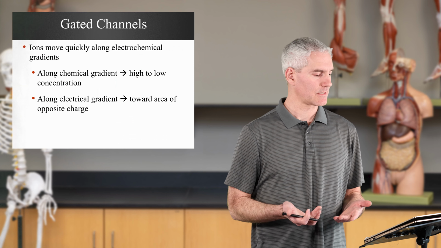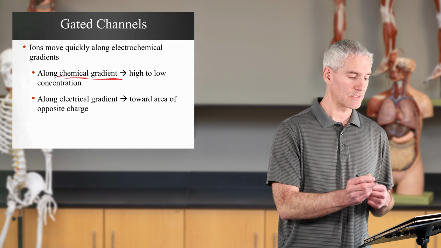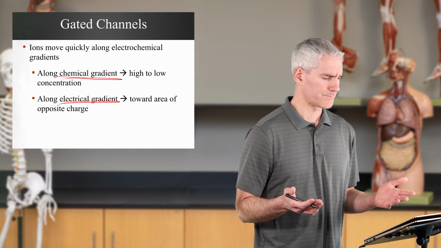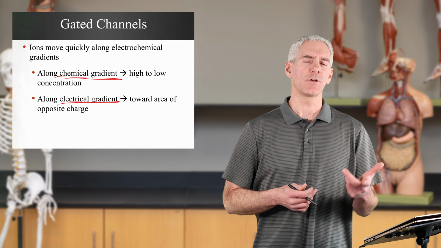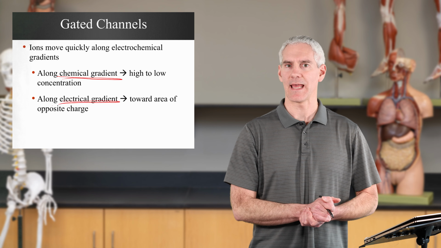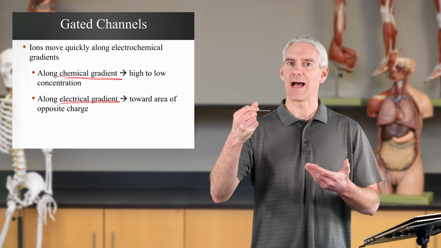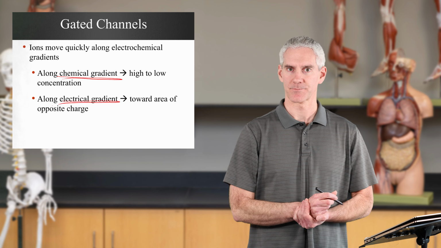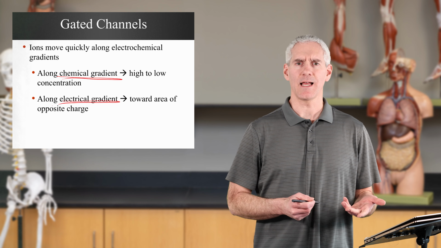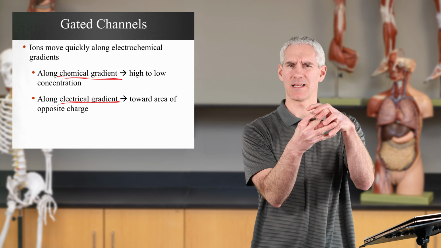So these gated channels, as you can see, they're all going along the chemical gradient, and then also can be along the electrical gradients. So hold on, how does that both work? Well, if you're looking at the sodium ion, and we're talking about the sodium ion going into the actual axon, it'll go into the axon, and it flows from a high concentration to a low concentration. So that's going down its chemical gradient. But now once it's inside, you have all these positive ions grouped together. Does positive want to be with positive?